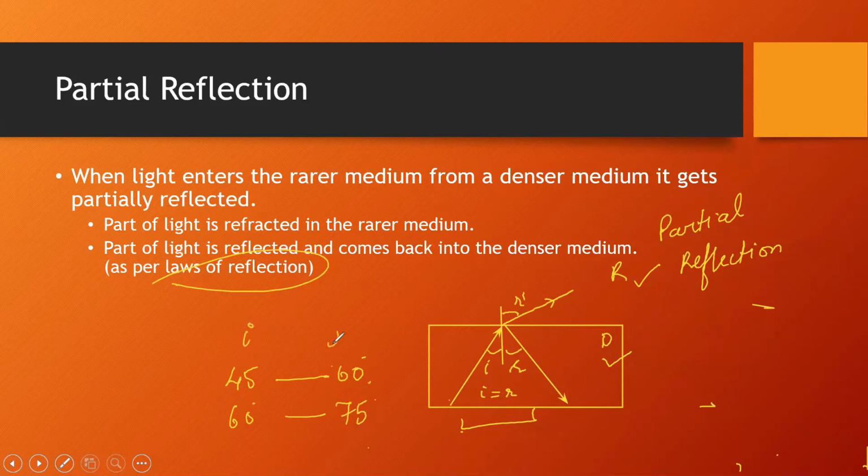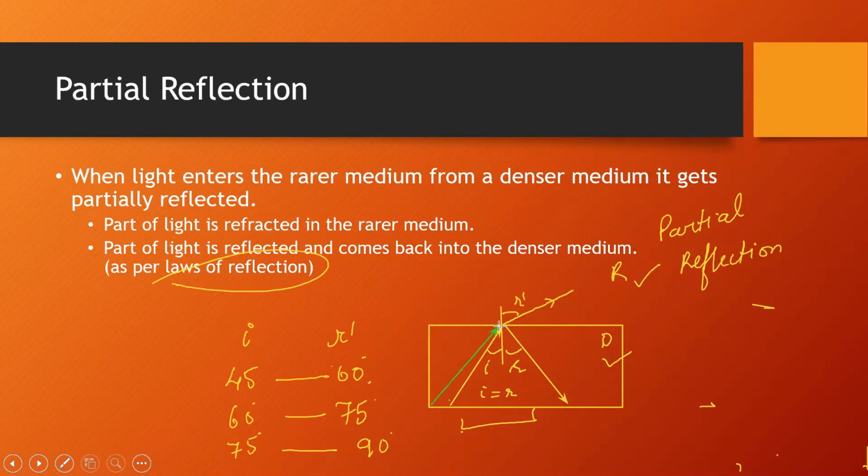This is angle of incidence. This is R dash, angle of refraction. If I go to 75 degrees, it might happen that my angle of refraction would become 90 degrees, right? So I'll take this situation over here. This is my incident ray. Now this angle of incidence over here is 75 degrees.